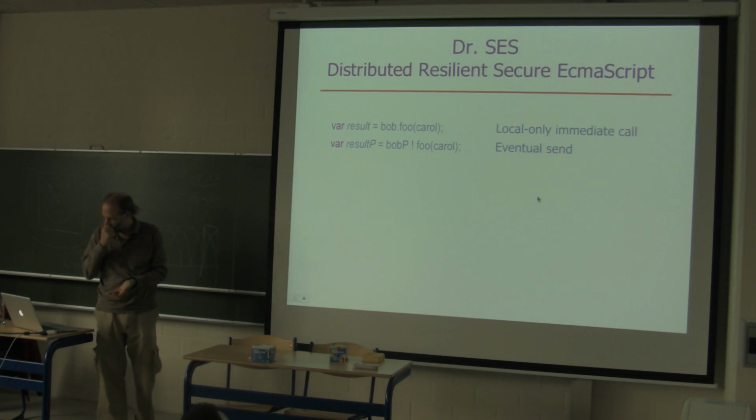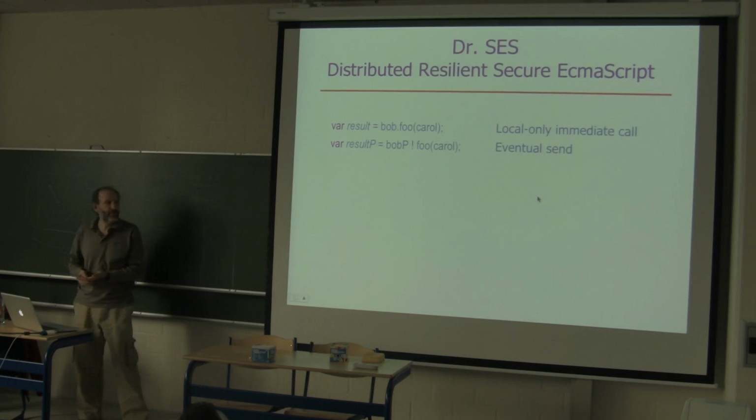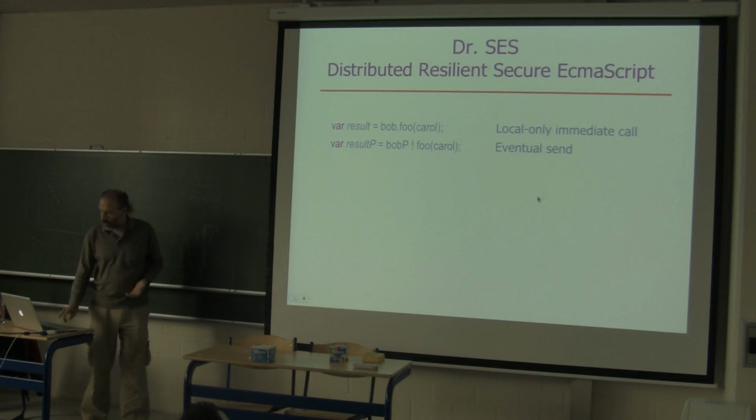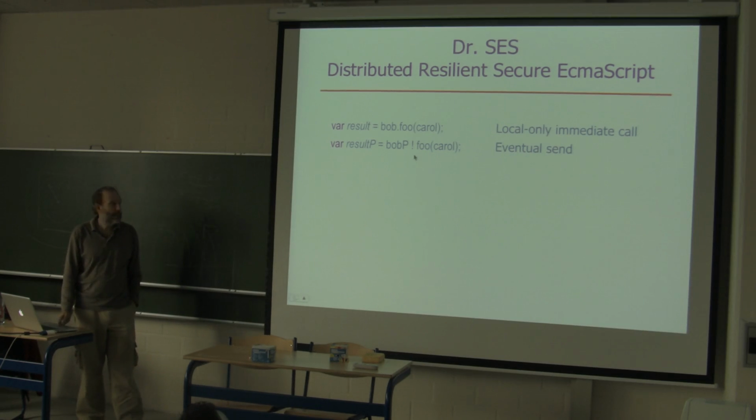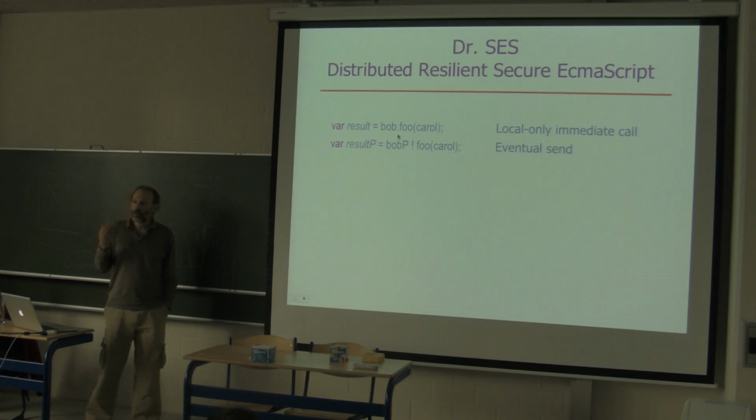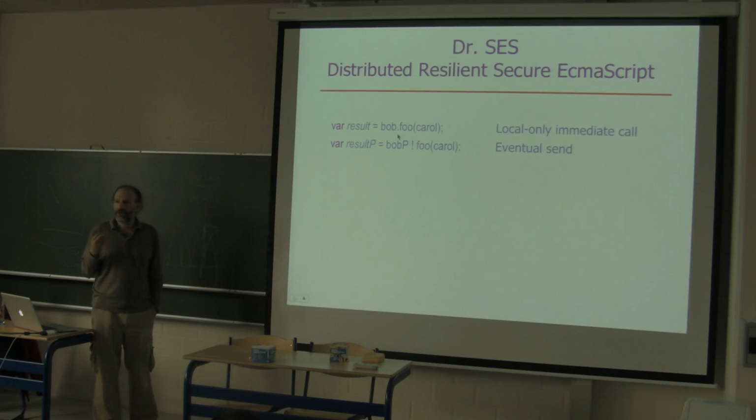Okay, so what about this mysterious bang operation? Well, you can write the bang everywhere that you can write the dot, and it means something analogous to the dot, sort of an enhanced dot. So what does dot mean? The way to think about dot is it's the do it now operator.